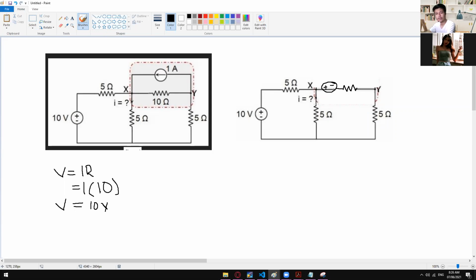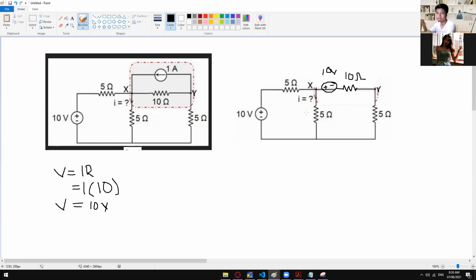Take note, if you're going to transform a current into a voltage, the resistance component on it, whether it is in parallel or series, will stay the same. In here we have 10 ohm resistance, so it will stay as it is. The value of that one will not change. But for this one, from a current, it will now become a voltage source, which is a 10 volt source.